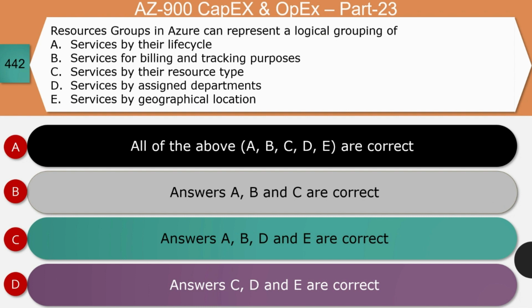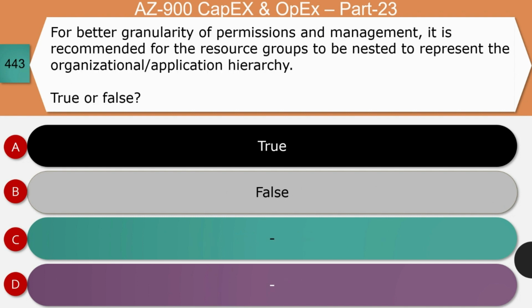If you look into this, all the options stated here are correct, and so option A is the right answer. You can group them by life cycle, by billing for tracking purposes, by resource type, by geographic location, as well as by departments. And so all the options are correct and hence option A is the correct answer.